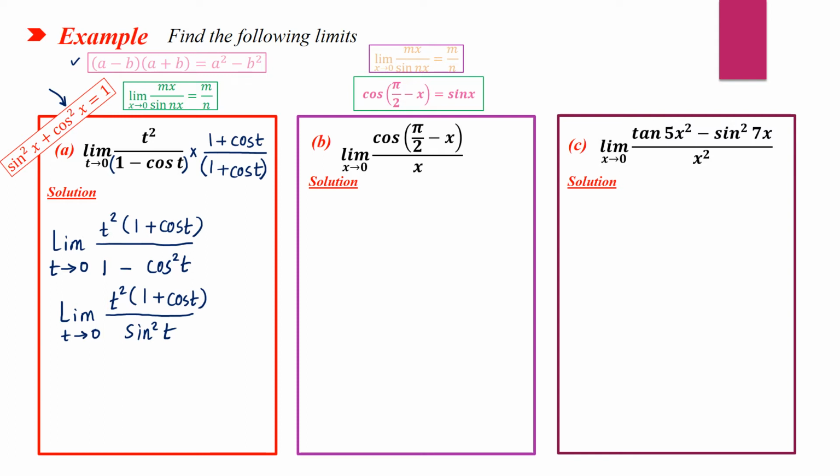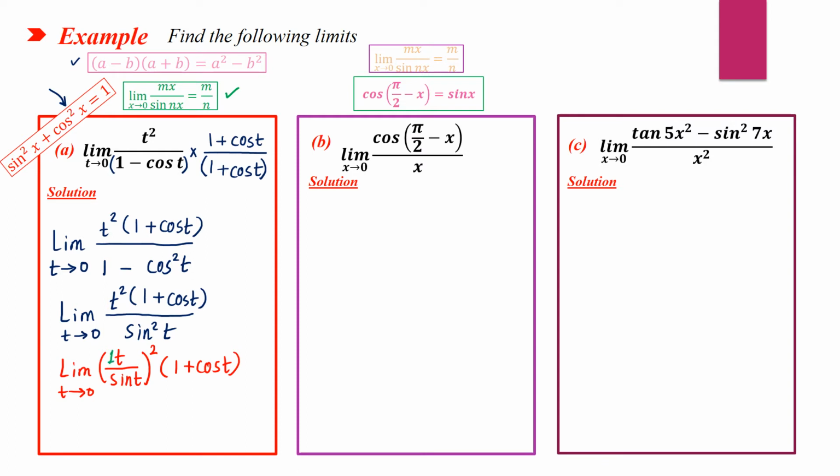Next you have to group. We have the limit of t squared divided by sine squared of t. We can write it as t over sine of t, squared, multiplied by 1 plus cosine of t, when t goes to 0. And you know that the limit of mx divided by sine nx equals m over n.